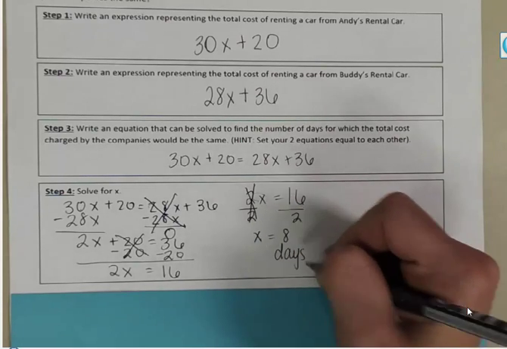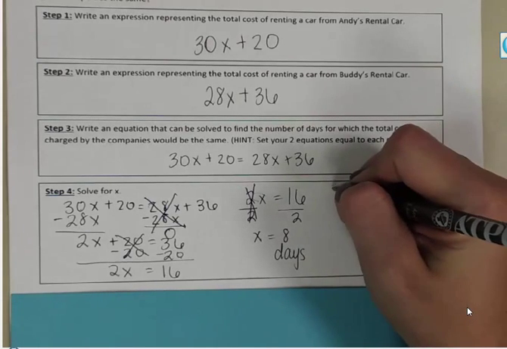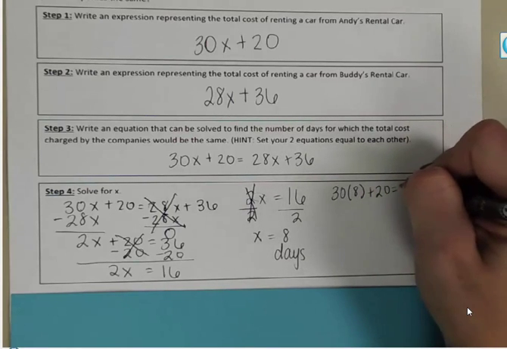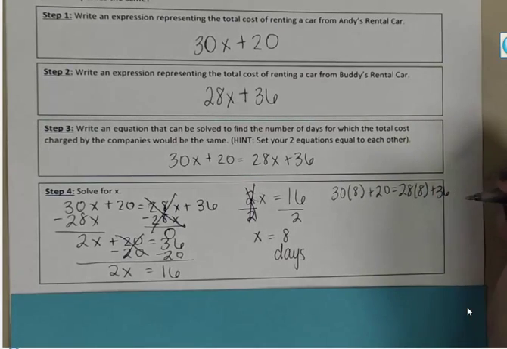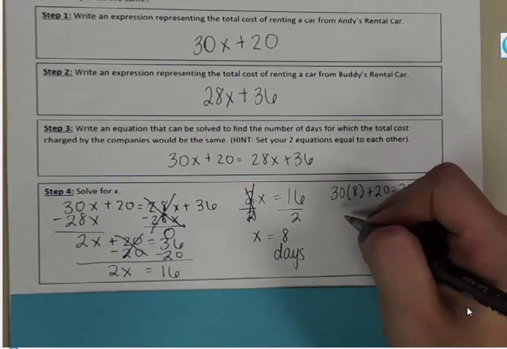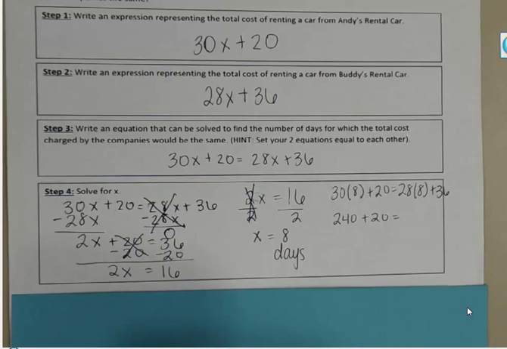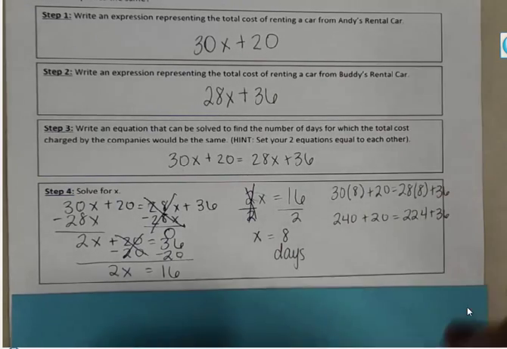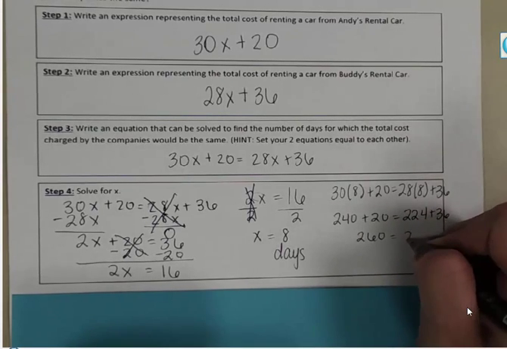Now we have to check. Alright, well you check by plugging it into your equation. Okay. So 30 times 8 is 240 plus 20 is equal to 28 times 8 is 224 plus 36. 240 plus 20 is 260 is equal to 260, so it checks off.